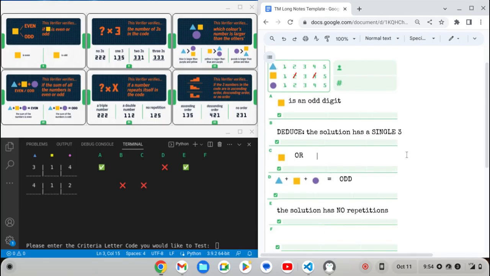Okay, so the fact that there is a 3 definitely put a monkey wrench in what I was thinking. So let's see, what else can we say? How can we deduce this?